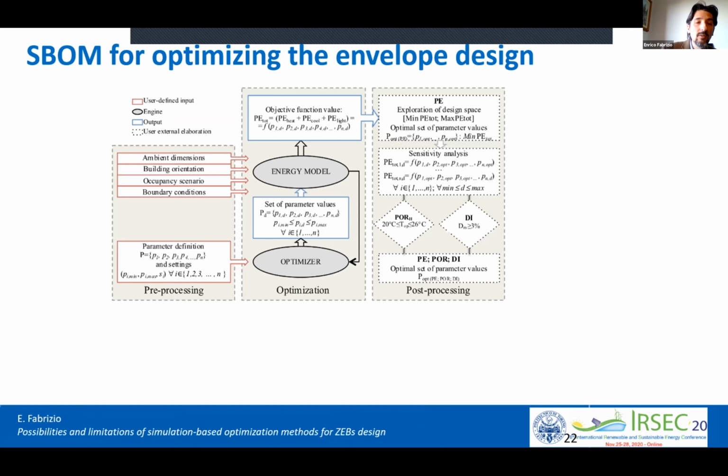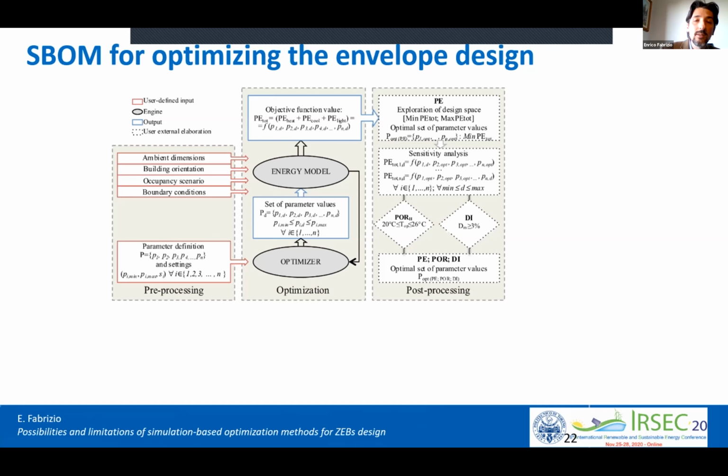Then these optimization input parameters are fed into an optimizer that is coupled with an energy model. The optimizer at each simulation iteration sets out the input parameters, which are then passed into the energy model, then an objective function is computed that is also able to drive the new try of the optimizer.